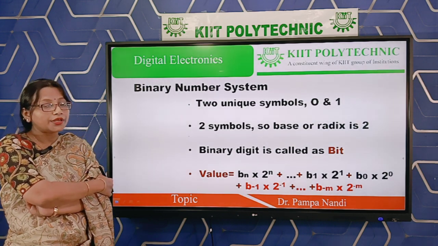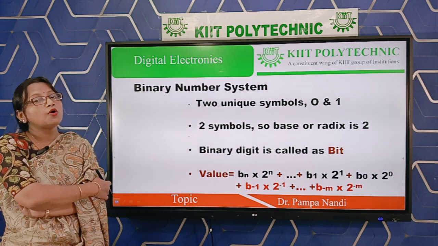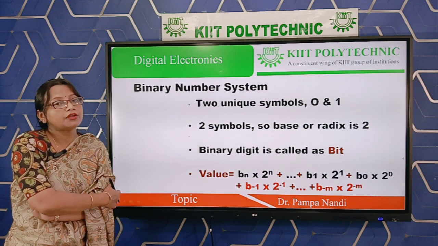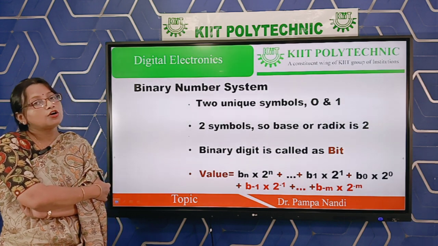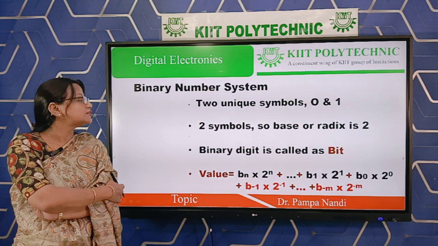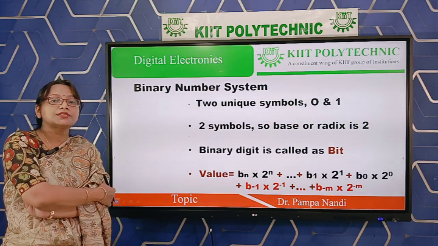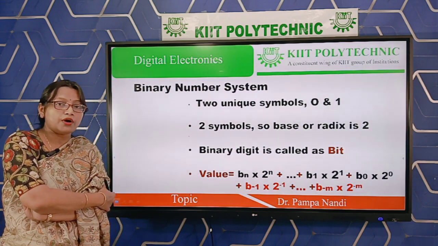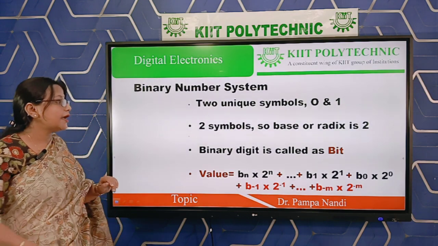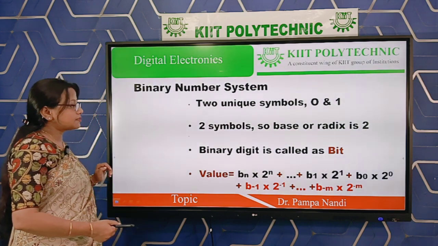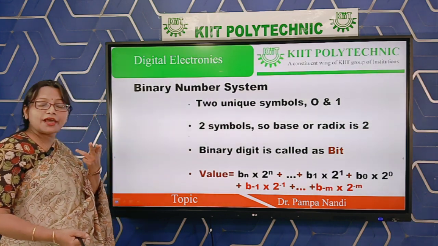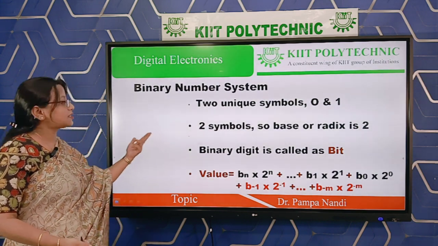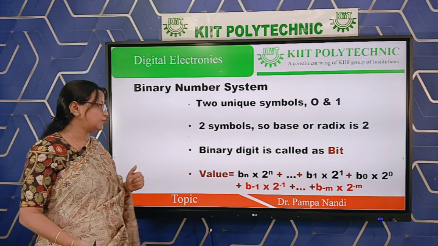So anything we need to digitize, for a digital system, we need to convert into binary values, that is a combination of 0 and 1. So humans have designed one number system that uses only two values, 0 and 1. This is called the binary number system, and it has only two digits, or two symbols, so that's why it has radix r equals 2.